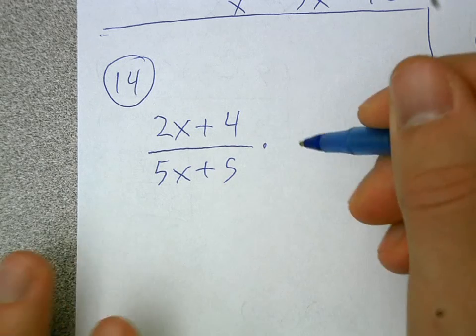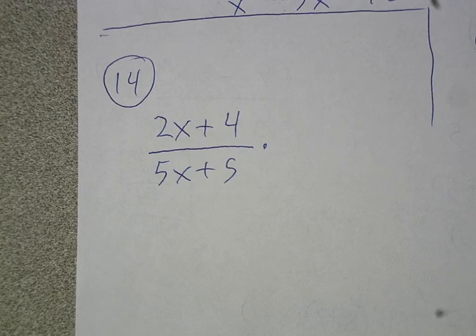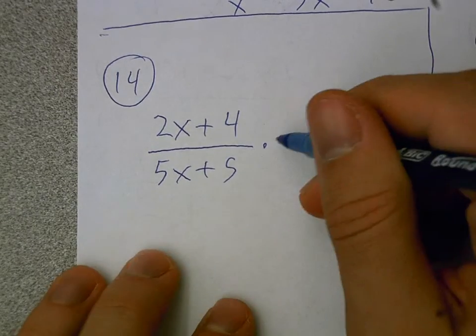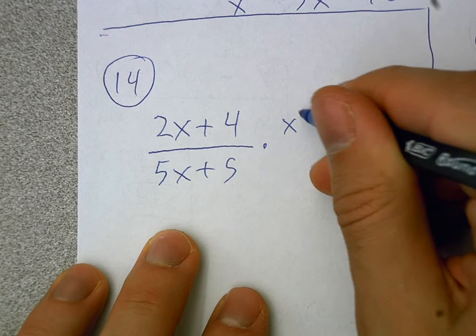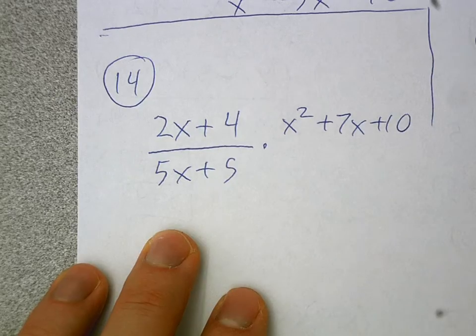Is everybody clear that both of those factor by just taking a number out? All right, so those will factor by taking a number out. But then we're going to multiply this by x squared plus 7x plus 10. We just did one of those.